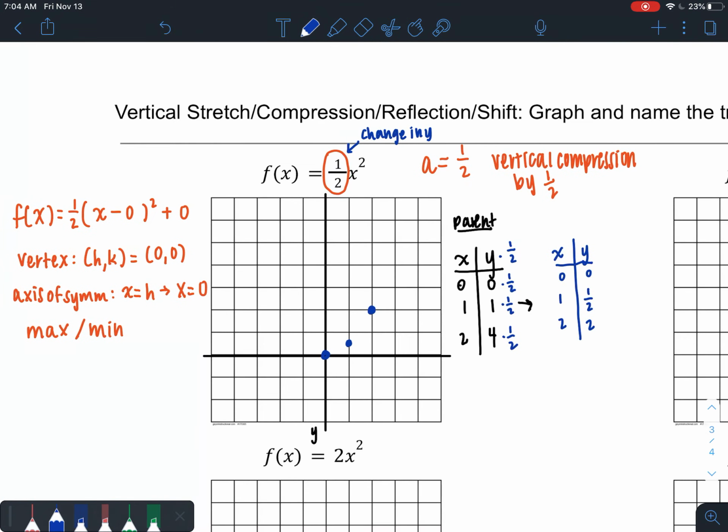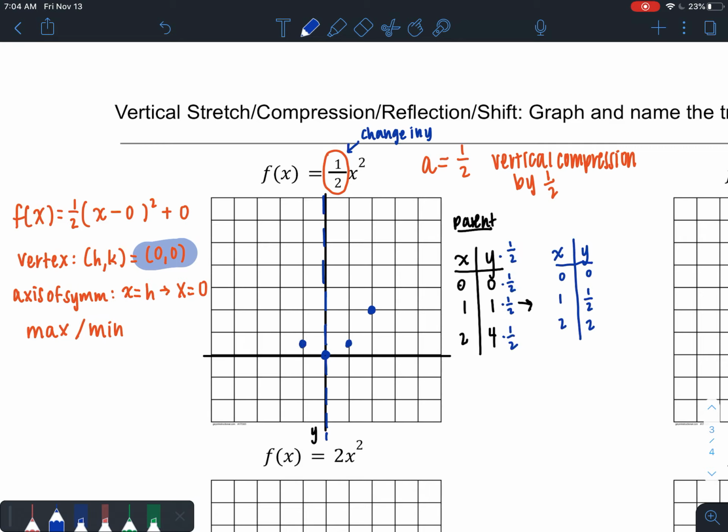Now I'm going to show you something over here. Notice our vertex is at 0, 0. Then we also have the axis of symmetry at x equals 0, so that's the vertical line on the y-axis. What that axis of symmetry does is each of these points gets reflected over here.